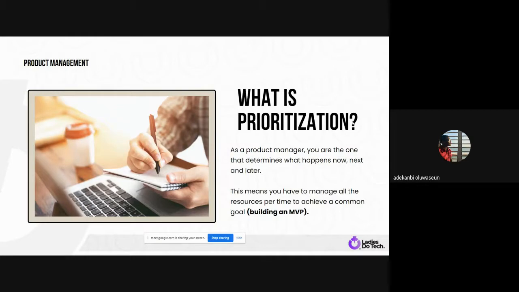Yesterday we stopped at the point of prioritization, right? And I'm sure when you are researching, you would have seen that as a product manager, you must understand how to prioritize features. So for instance, you've sourced all these features and you have about 150 features to build.